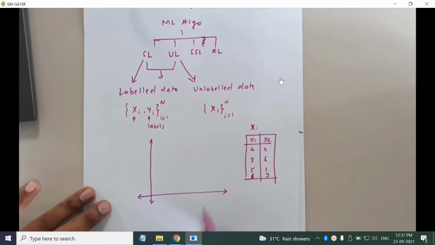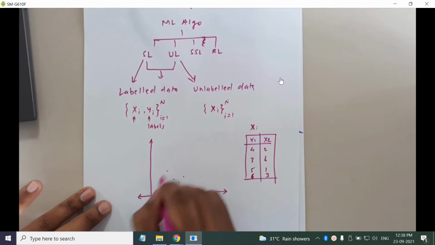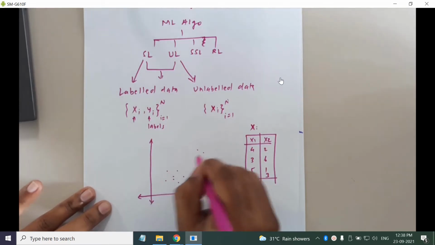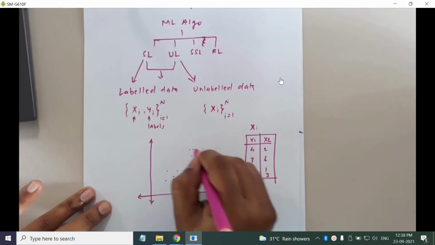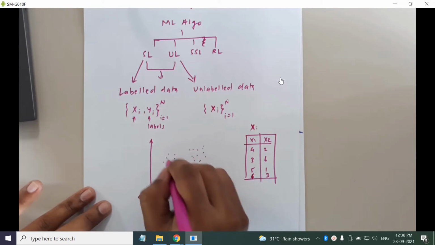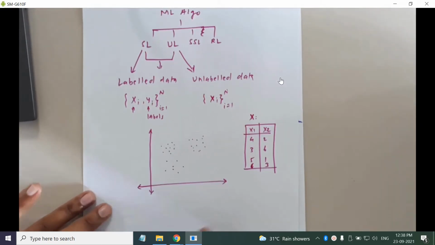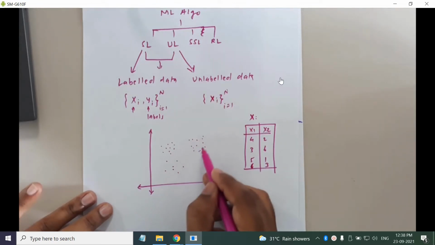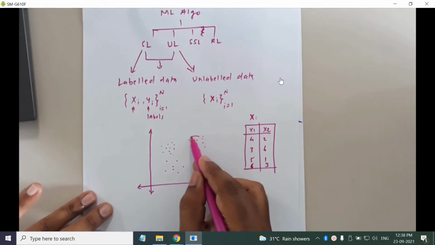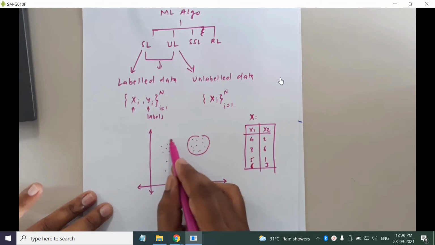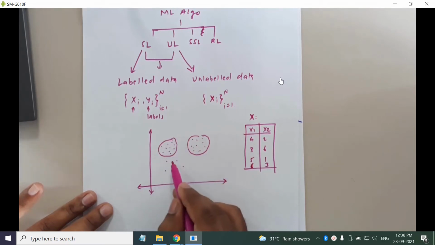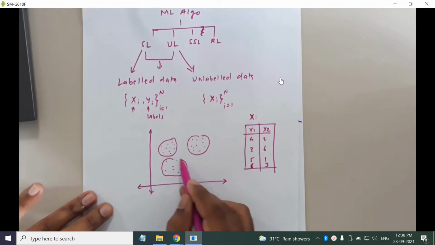And if you plot these points in this two-dimensional data they will be like this. And clearly they have some relationship. So these points are forming one cluster, these points are forming one cluster, and these points are forming one cluster.